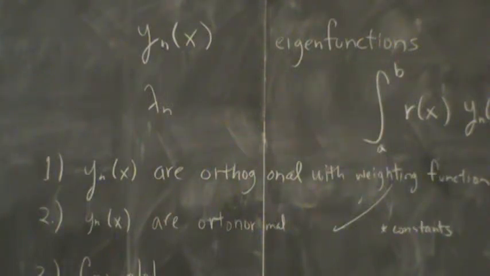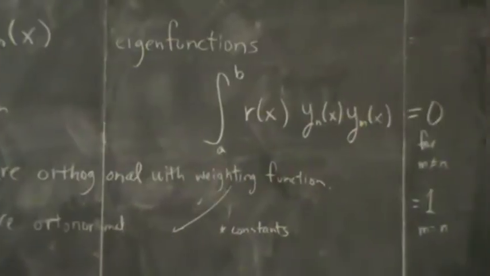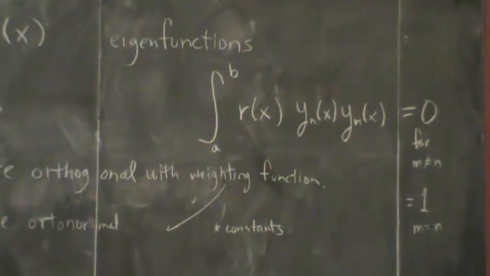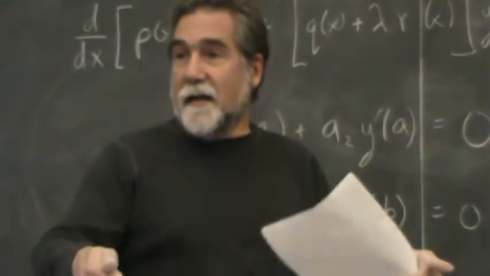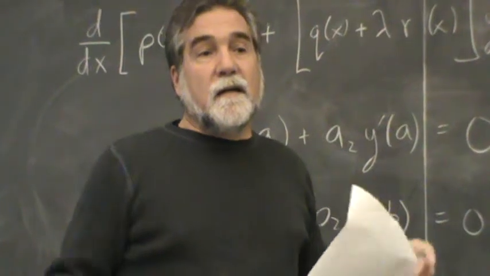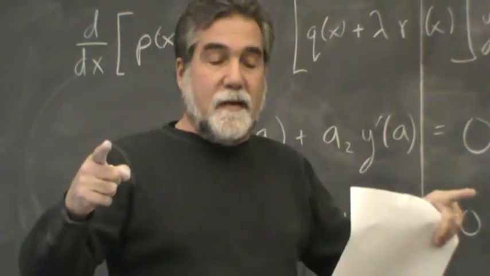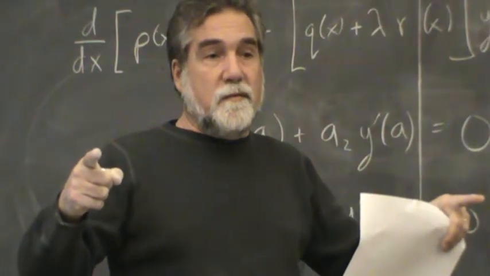And that actually means that I can use that complete set of functions to add up and make any other function in the space. You've already learned about this. The one special case that you've learned about is the Fourier series. All right? Sine kx and cosine kx on an interval in space, all right?